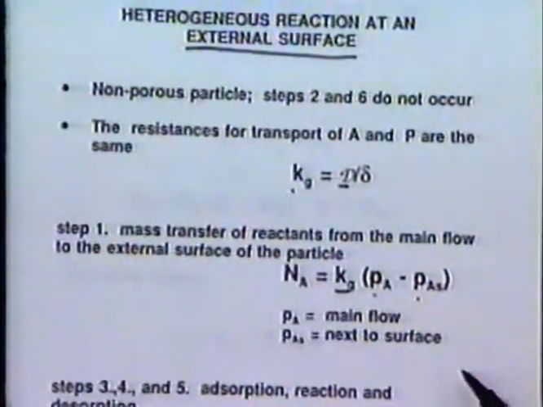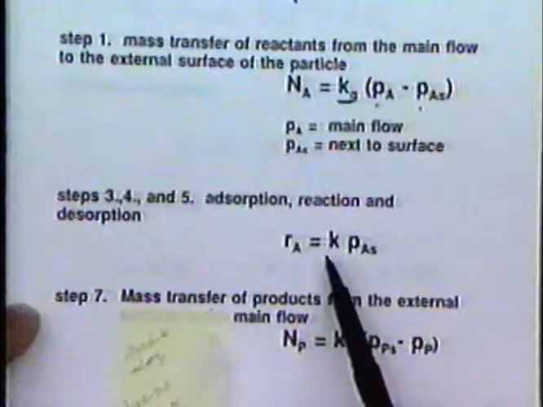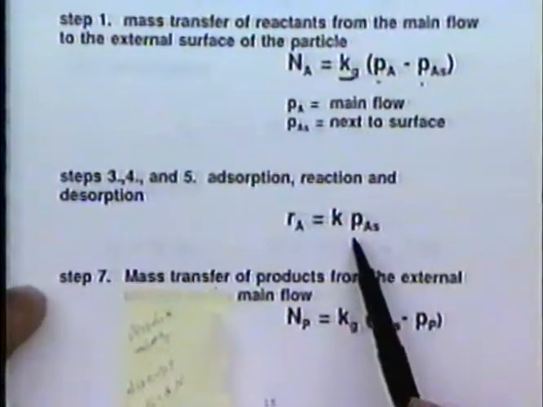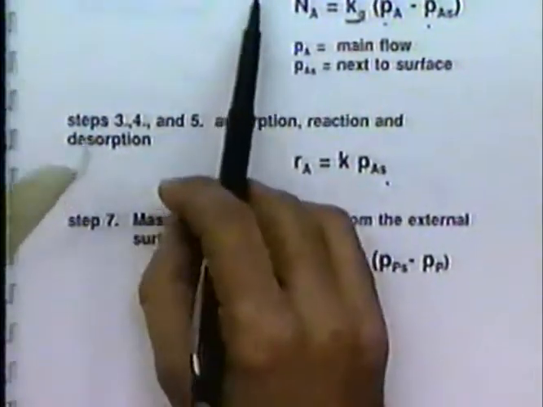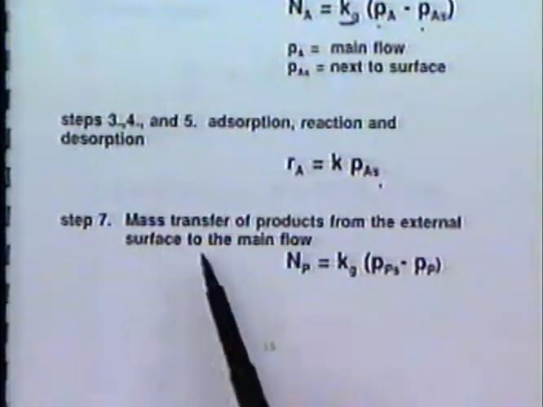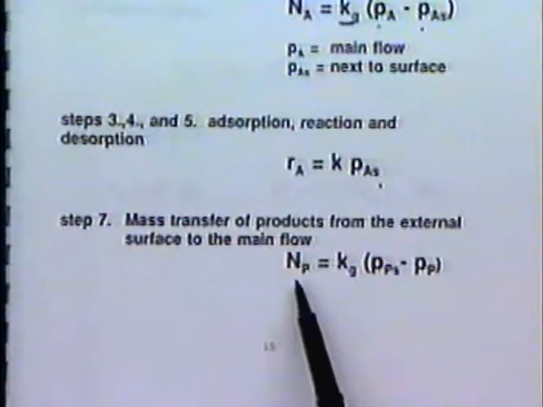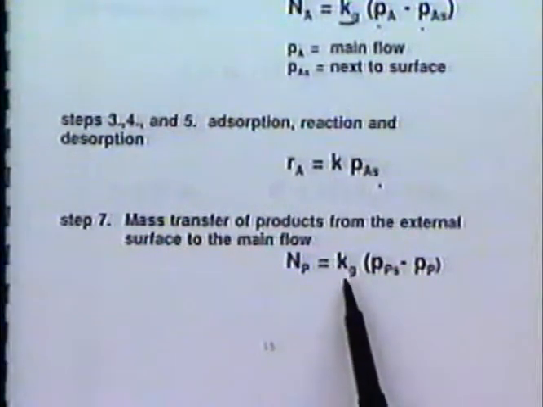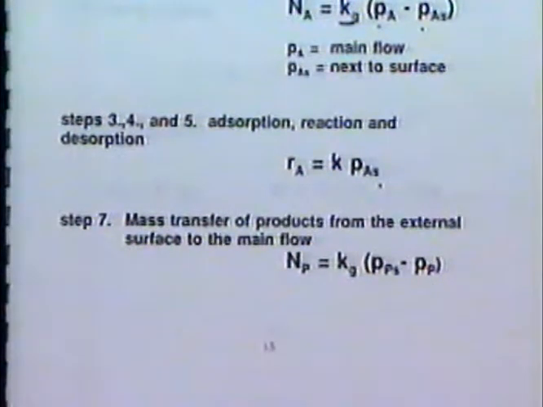We have seen before for steps 3, 4, and 5, we can write that the rate will be equal to K times PAS. And finally, for the desorption of products, we can write a rate expression NP equal to Kg times PPS minus PP.